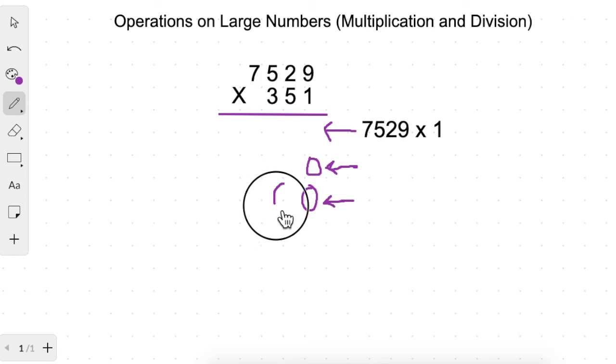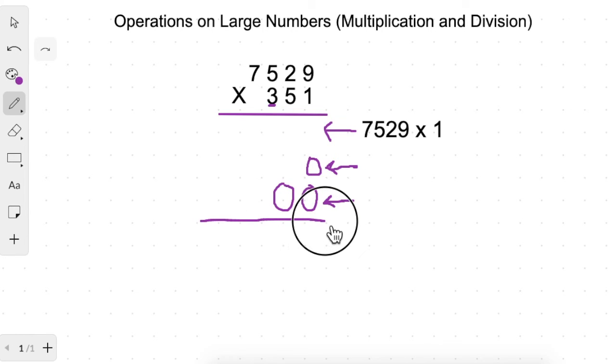Why zeros? Because here we are multiplying the number with 300, not with 3. So we'll add 2 zeros. This is how we'll multiply all the numbers and later we'll just add the answers that we get here. So this is how we do multiplication.